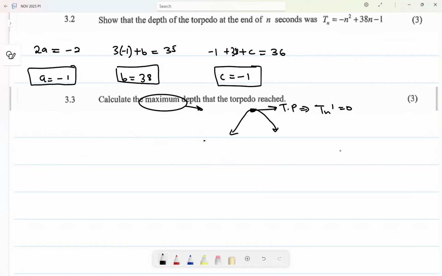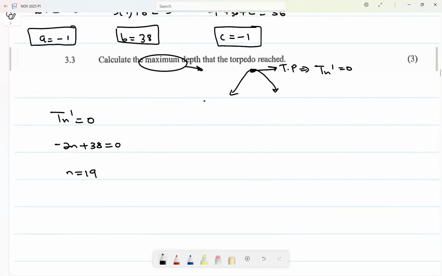So you're going to say Tn prime is equal to 0, and then it's going to be -2n plus 38 is equal to 0. And then n is going to be equal to 38 divided by 2, which gives 19.